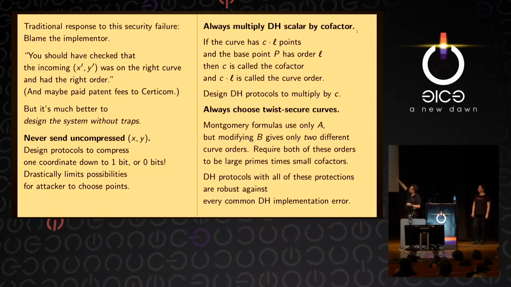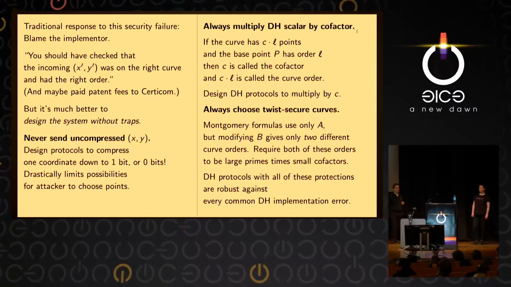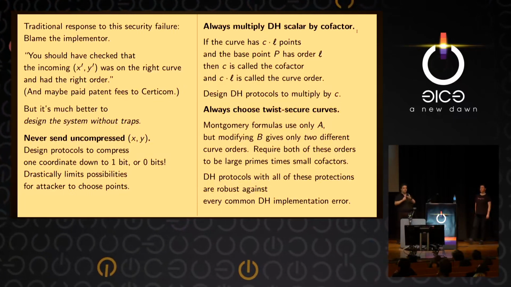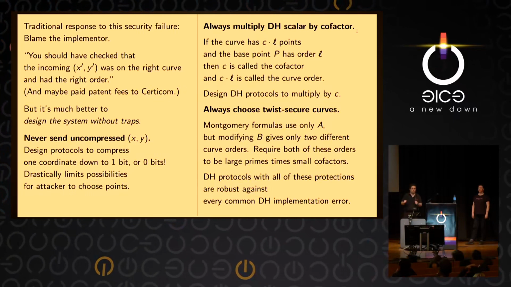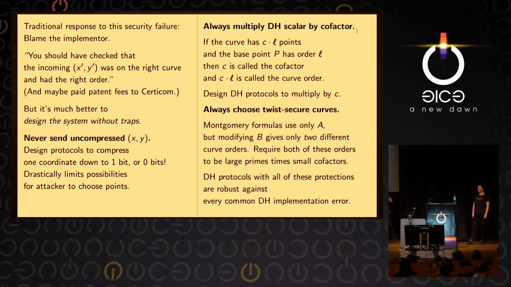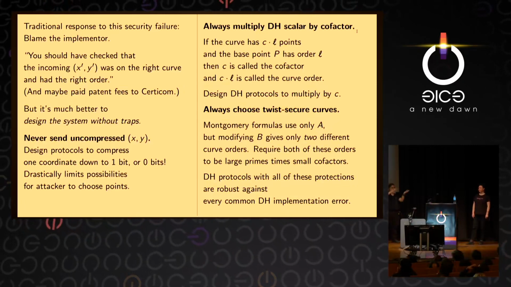And similarly, the curve designer can always choose curves to be what are called twist secure. There's still a little bit of wiggle room if somebody's sending you a compressed point. This twist security says that the wiggle room lets you choose between 2 different curves: this curve and a sibling of the curve, what's called the twist of the curve.